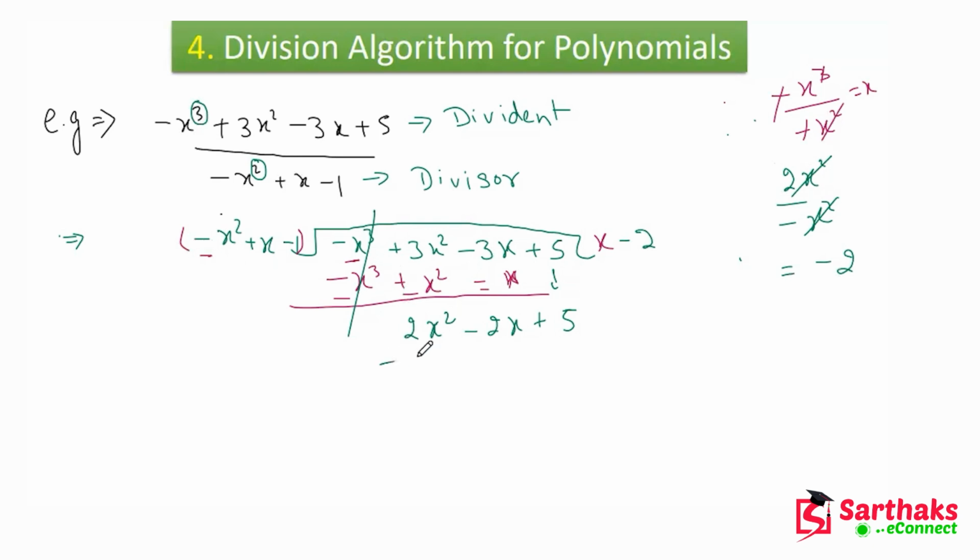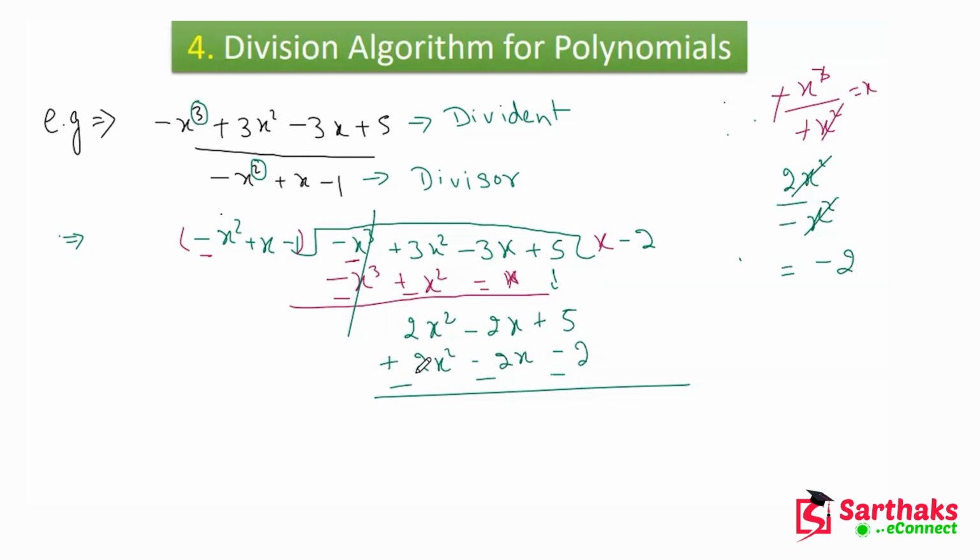So we get minus 2 times minus x square, which is plus 2x square, then minus 2 times x, which is minus 2x, and minus 2 times minus 1, which is plus 2.